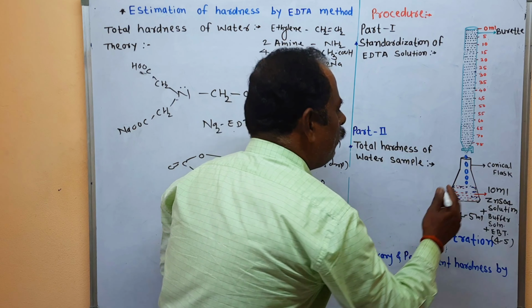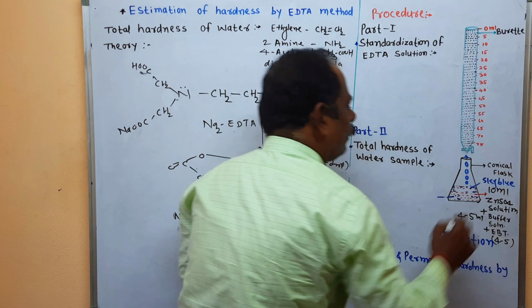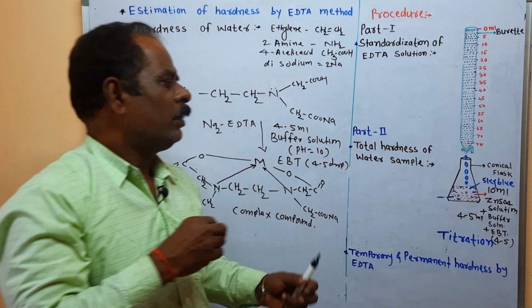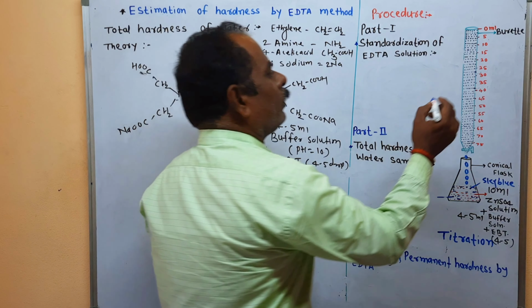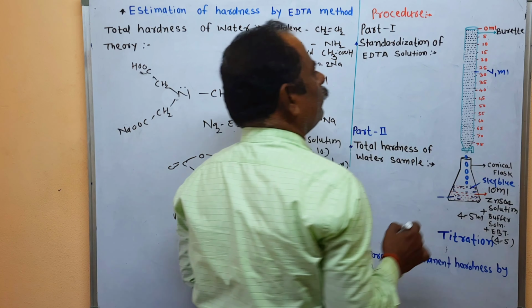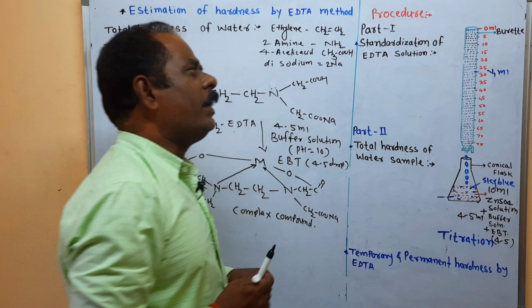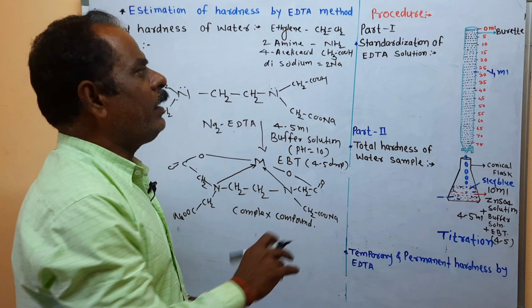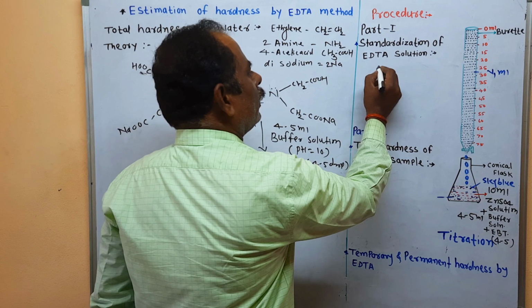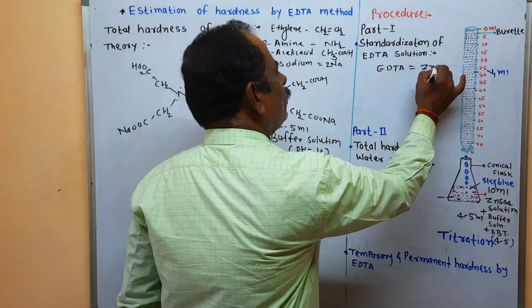Here sky blue color is formed. This is the end point of this titration. Then note the burette reading. Consider this is the V ml. Note the reading and calculate the molarity of the EDTA, titrated against zinc sulfate solution.